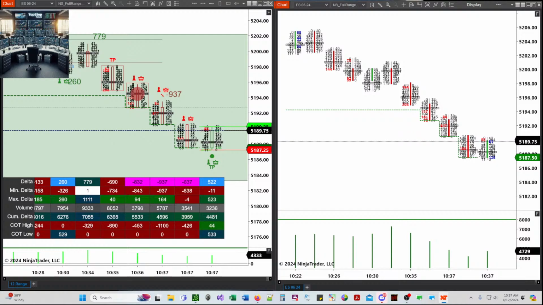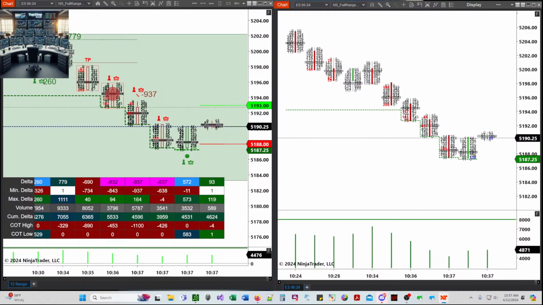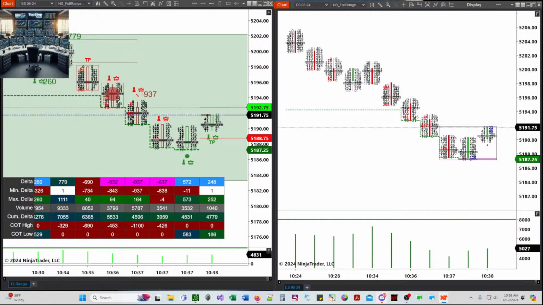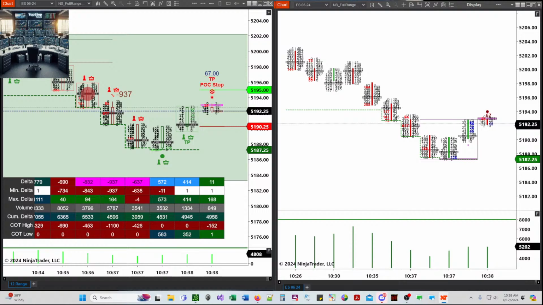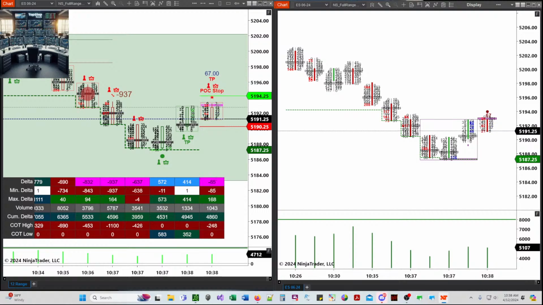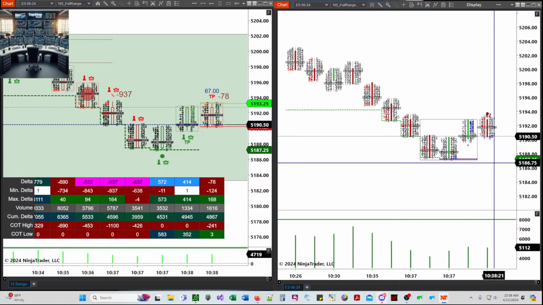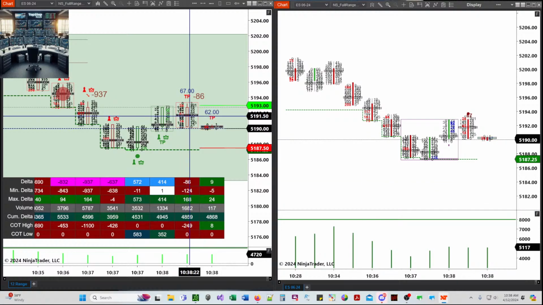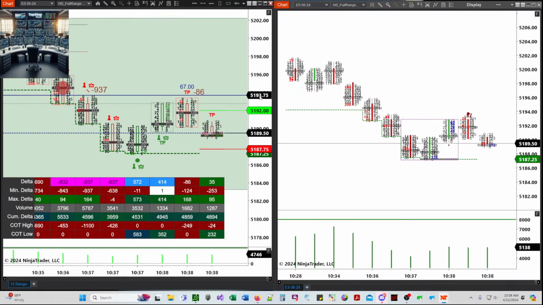Momentum is definitely to the downside. Min-max ratio, not enough to jump though.